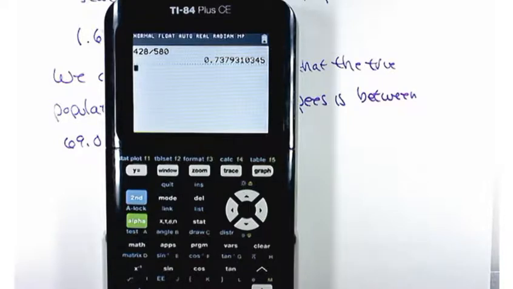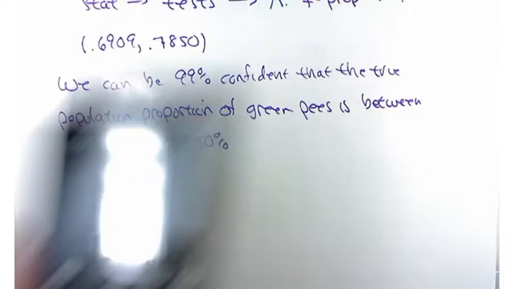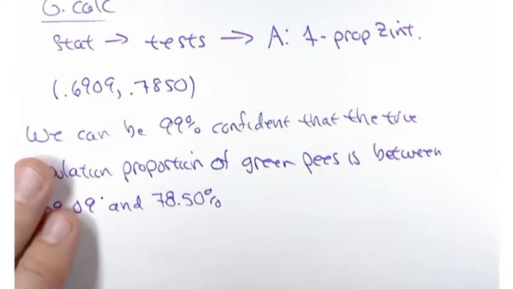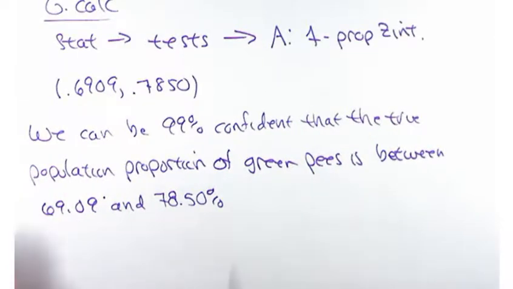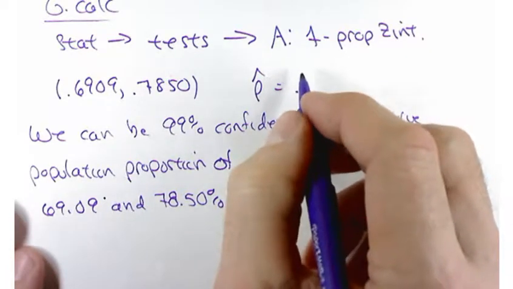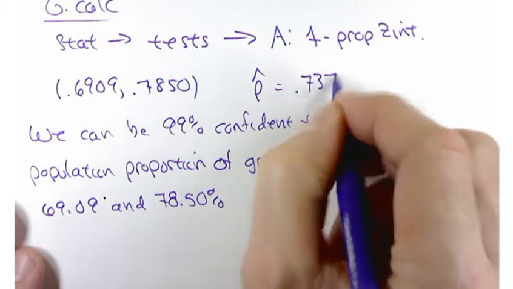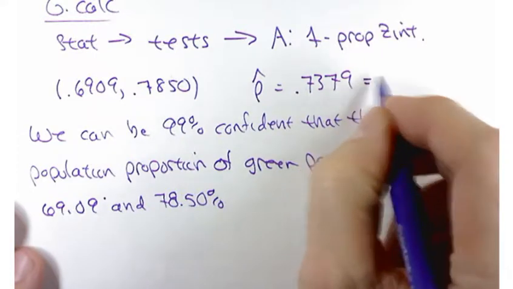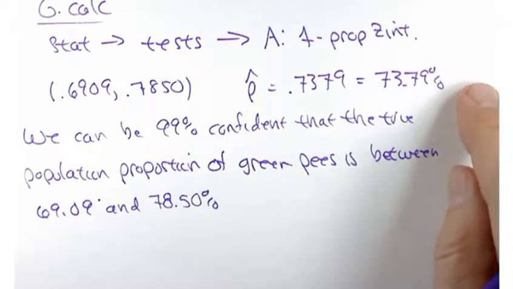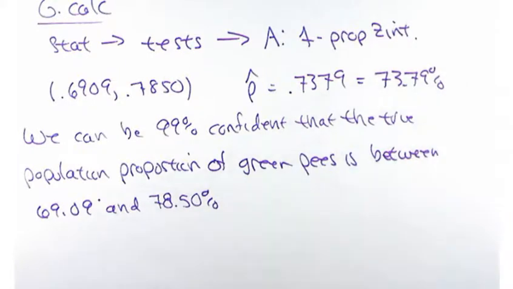That's not 75%. That's clear. But do our results necessarily contradict Mendel's theory? Why or why not? Is that a contradiction in Mendel's theory? He expected 75%.